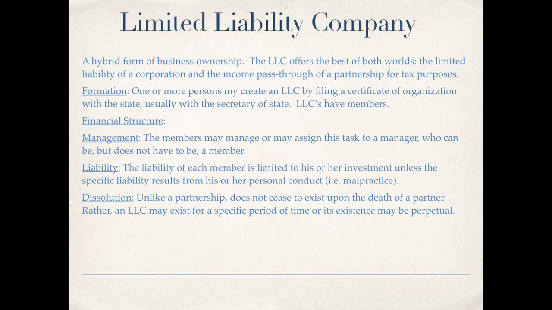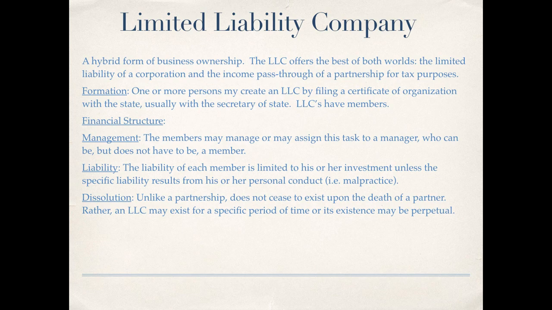Okay, limited liability company. This one so far is providing the most protection to the people who have formed this business. This is definitely something that was created by statute, and it's designed to protect people who are forming a business. So this is considered a hybrid form of business ownership.